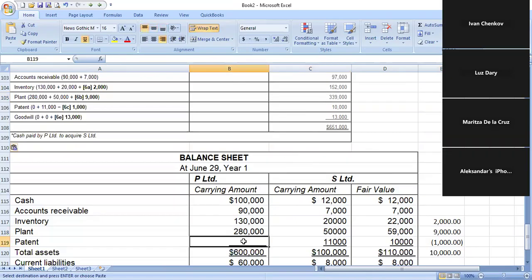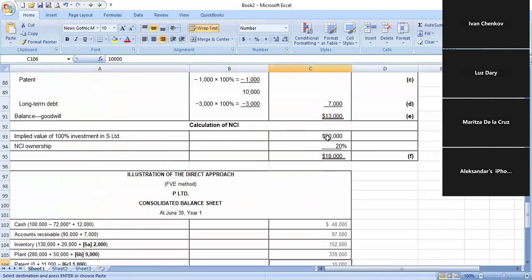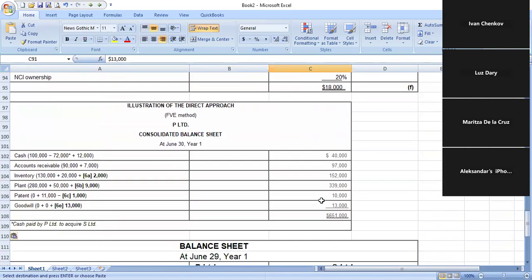Patent: I don't have a patent. They have a patent, but that patent went down by $1,000. That would be $10,000. And then I'm going to have goodwill, which we get directly from the balance of the goodwill, $30,000. And I get my total assets.